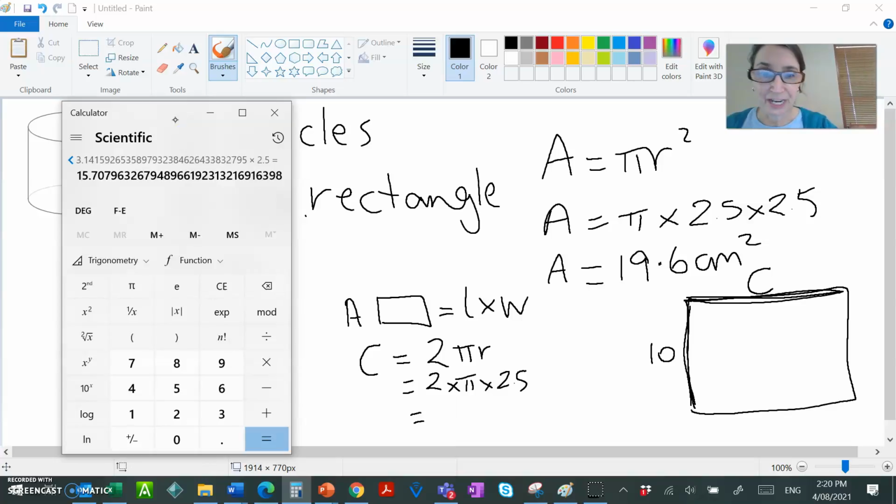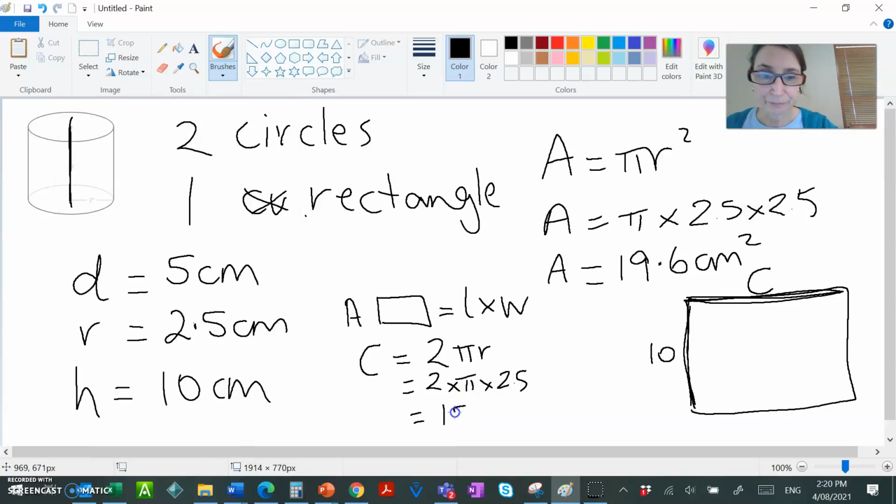So it's 15.7 centimetres. This is not an area, it's just a distance. It's the circumference. The circumference is also the length of this side of the rectangle. All right, now we've got the length, 15.7, and the width of this rectangle, so we can work out the area.